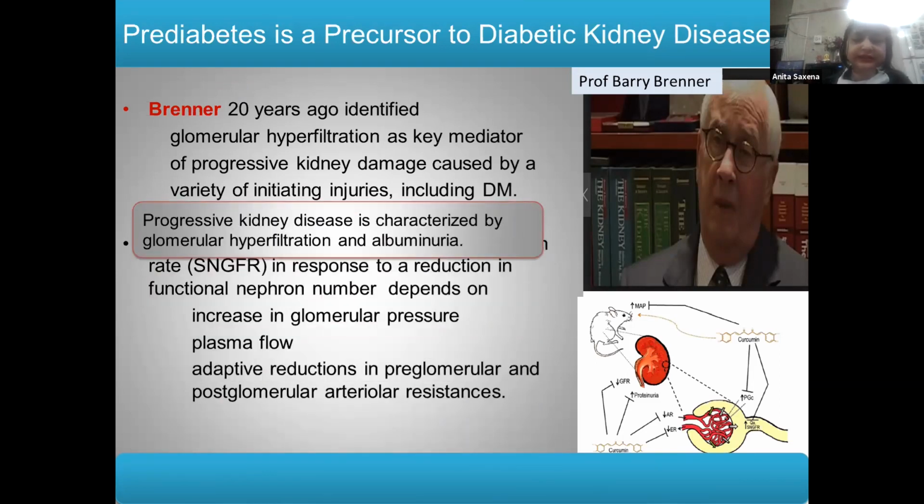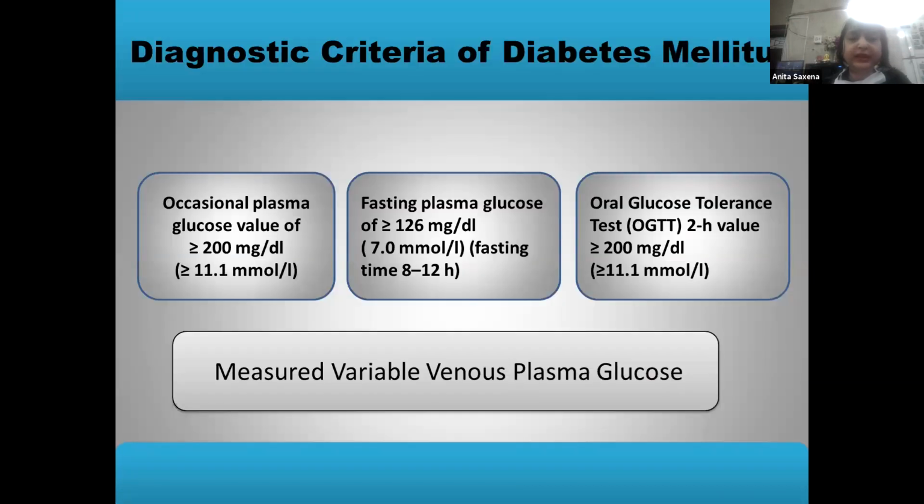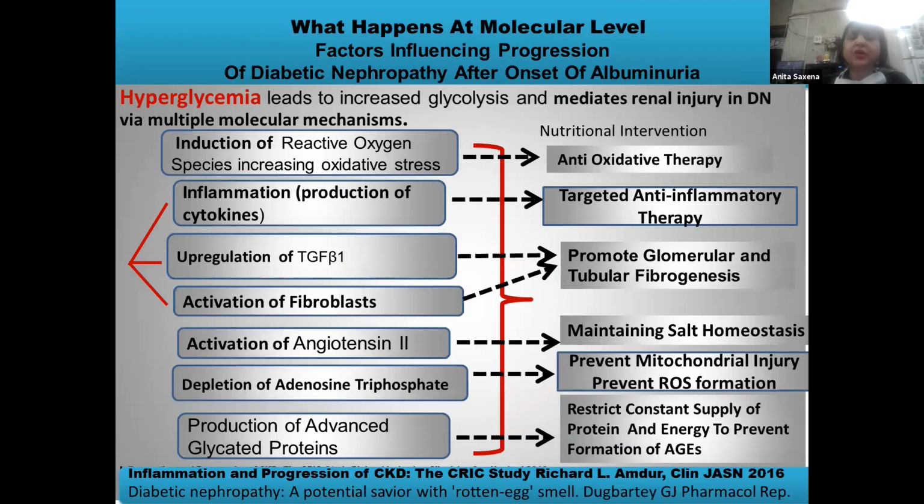So progressive kidney disease is characterized by glomerular hyperfiltration and albuminuria. So the diagnostic criteria of diabetes mellitus are an occasional plasma glucose value of more than 200 milligrams per deciliter, fasting plasma glucose of more than 126 milligrams per deciliter, and an oral glucose tolerance test of more than 200 milligrams per deciliter. Now, what is happening at the molecular level in these diabetic patients?